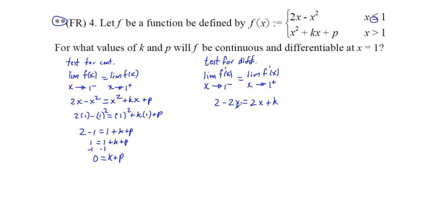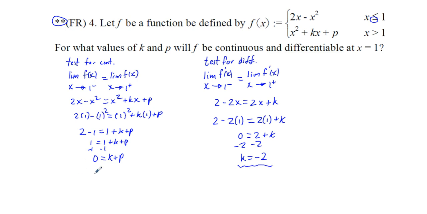Now we substitute 1 for x, so 2 minus 2 times 1 equals 2 times 1 plus k. On the left side we have 0, on the right side we have 2 plus k, and so subtracting 2, k is equal to negative 2. So that's one of our answers.